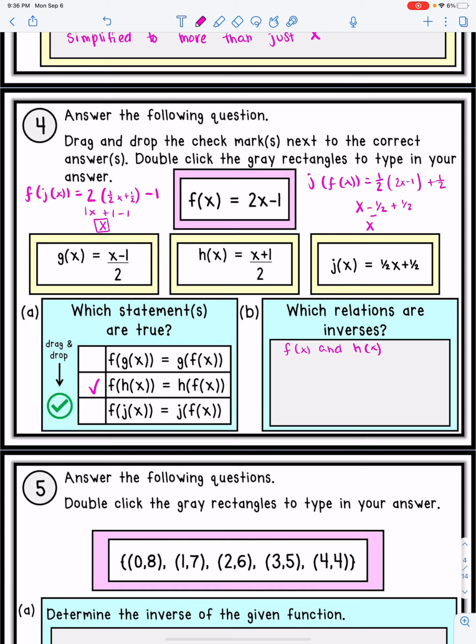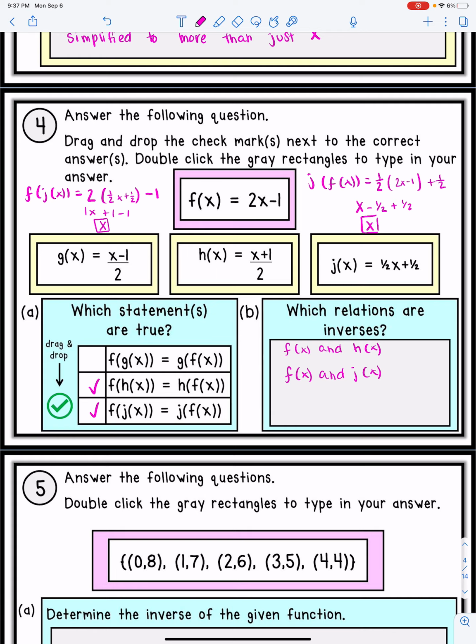So I'm left with just x again, so we can say that f and j are also inverses. So really what's happening, h and j are technically the same function, they're just written in 2 different ways. So we can say that those are all inverses.